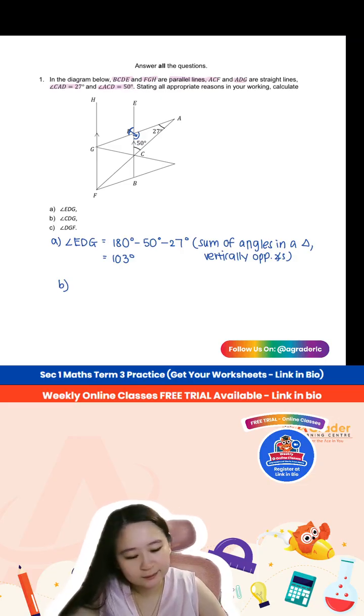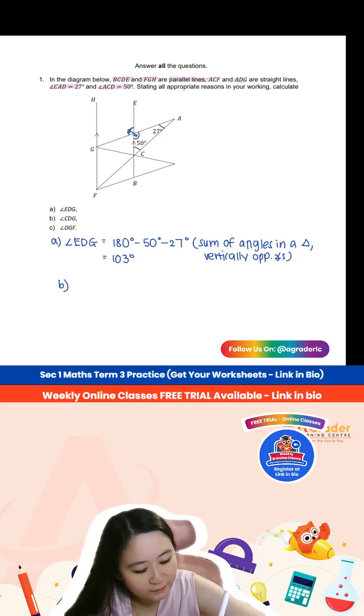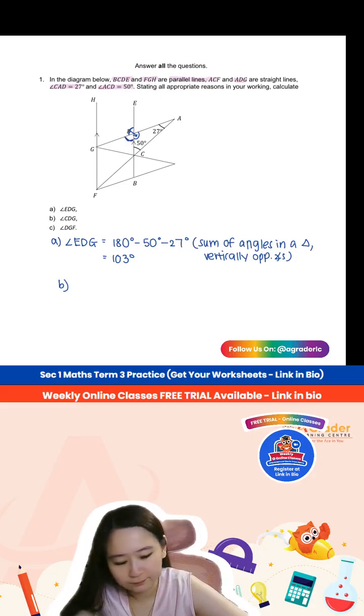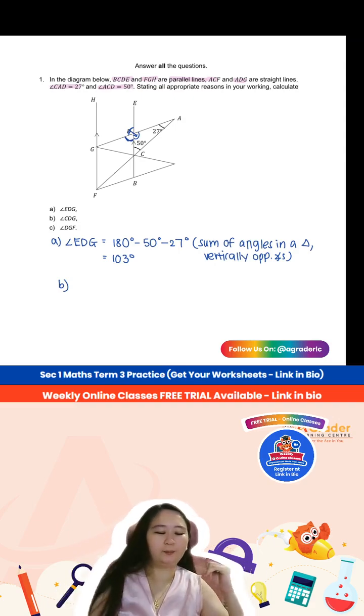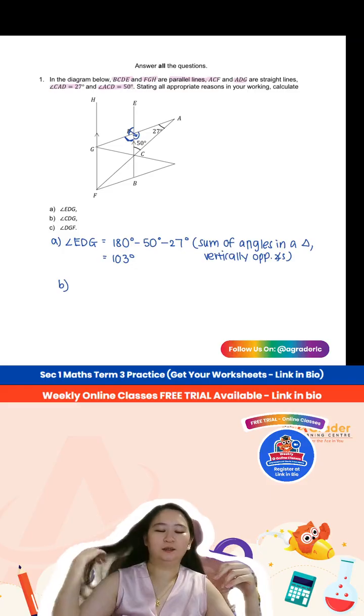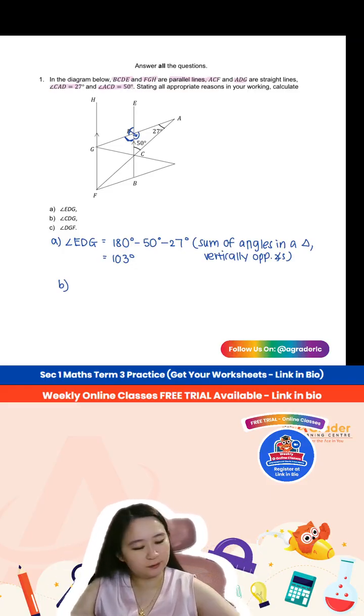Part B, CDG, this angle here. So there are two methods for part B. You can either use angles on a straight line, or you can use exterior angle.